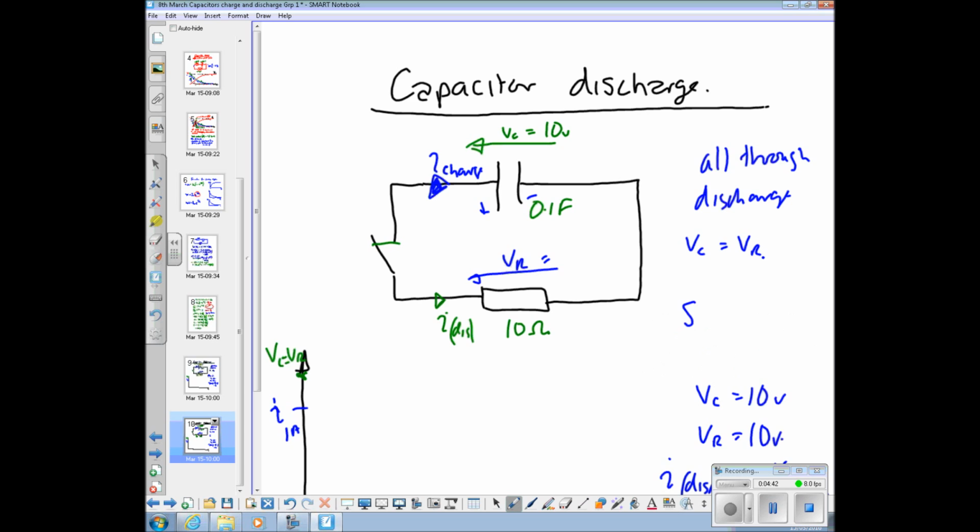Short period later, when VC has gone down to, we'll go with 8 volts this time. So VC is down to 8 volts. Therefore, VR must also be 8 volts.